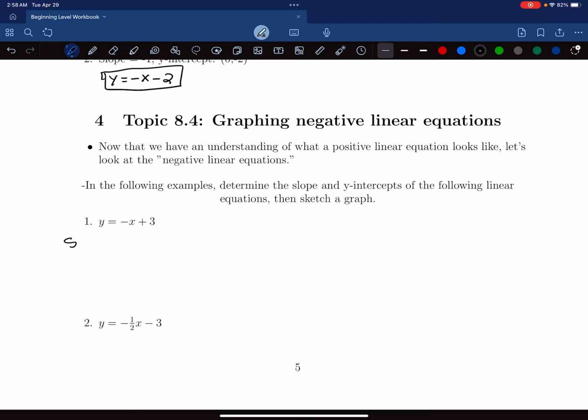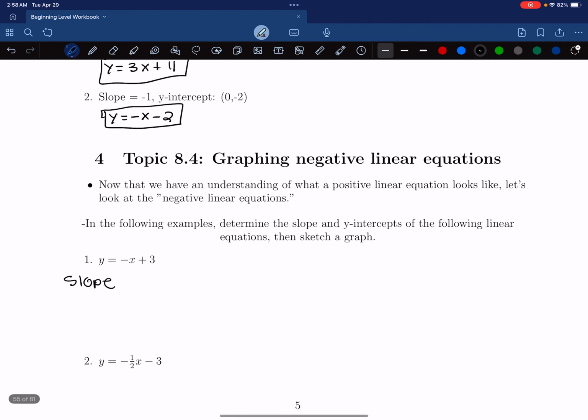So our slope, I apologize. Actually, I just realized for this last example here, in the last section, this slope is a negative slope. So this is actually a negative linear equation, which is what we're doing here.